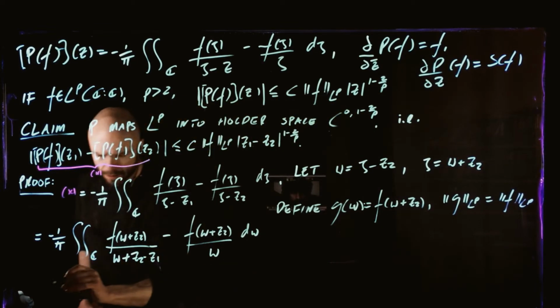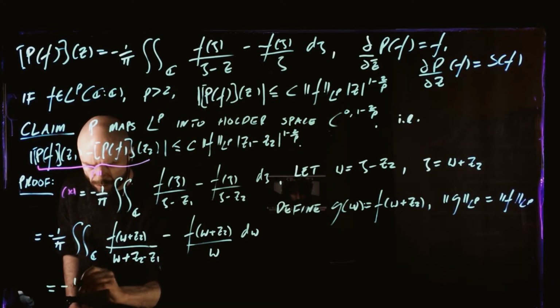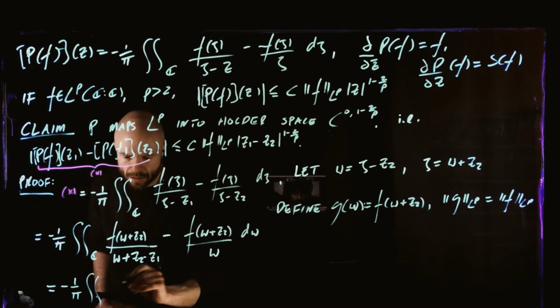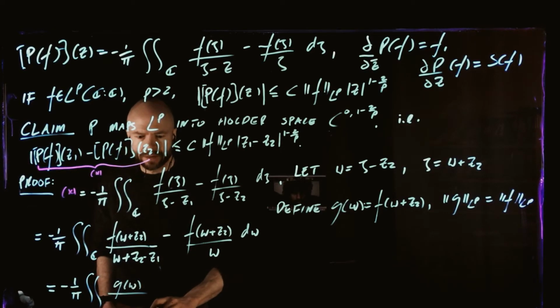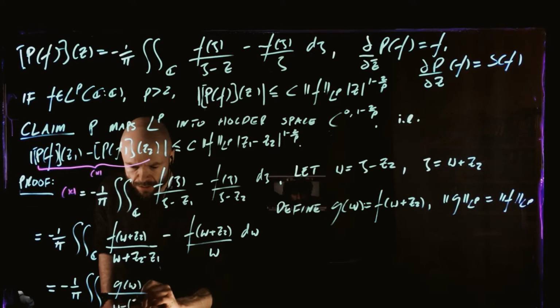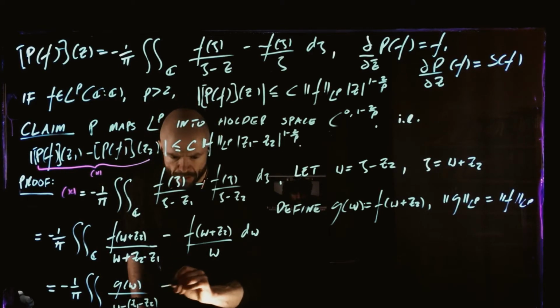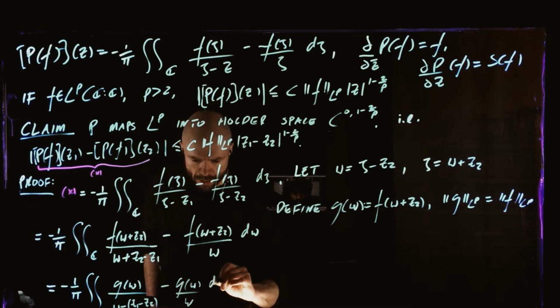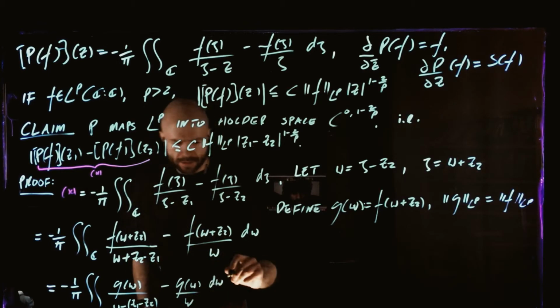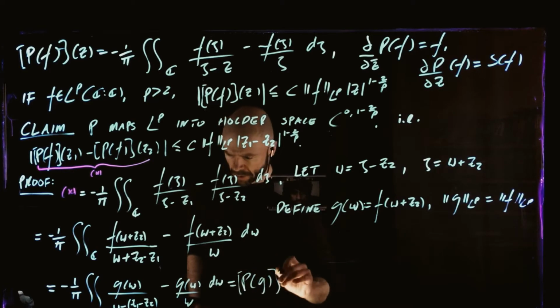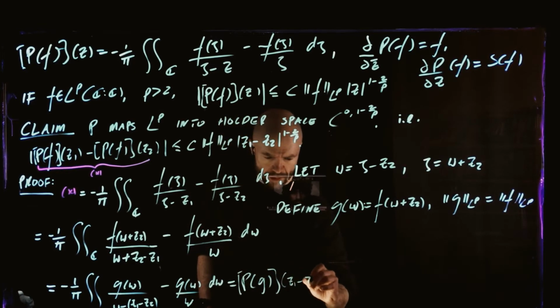And then this expression now is exactly minus 1 over pi, this thing, and here we can have g of w, and let's write that as w minus z1 minus z2, like this. And then minus g of w over w. And that's exactly the same as this operator P acting on g at the point z1 minus z2. Yeah?